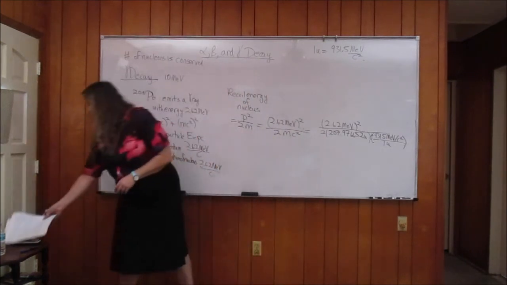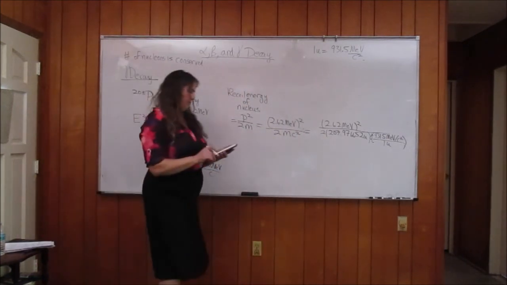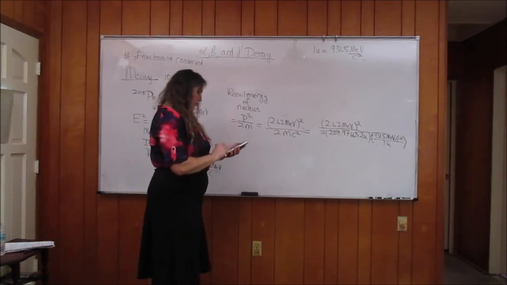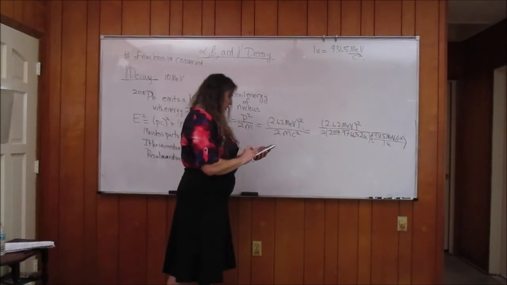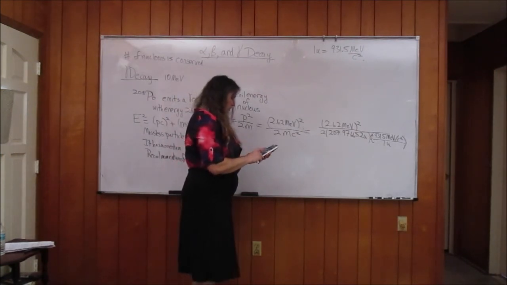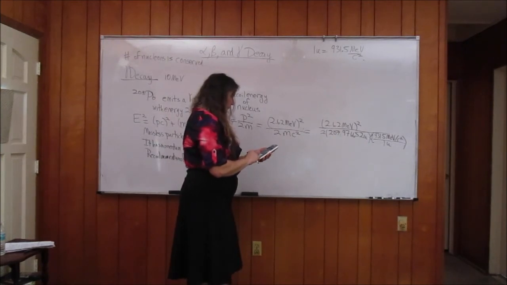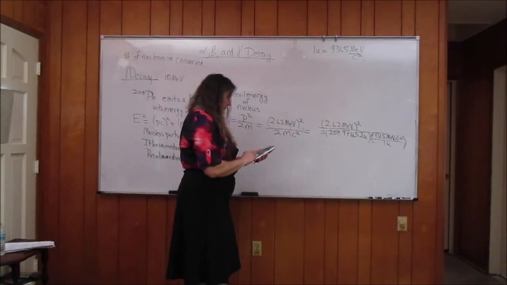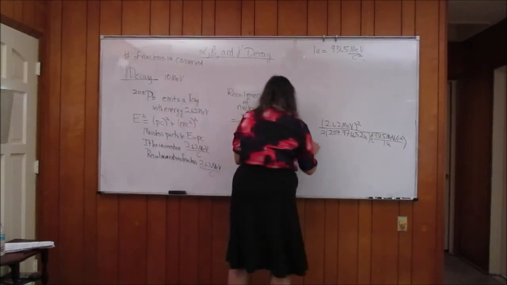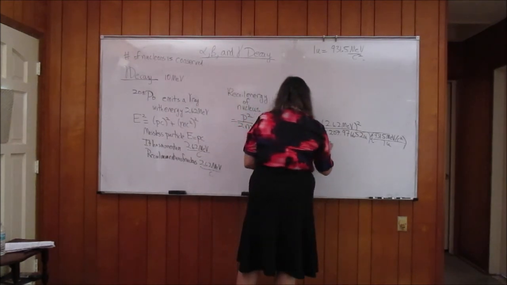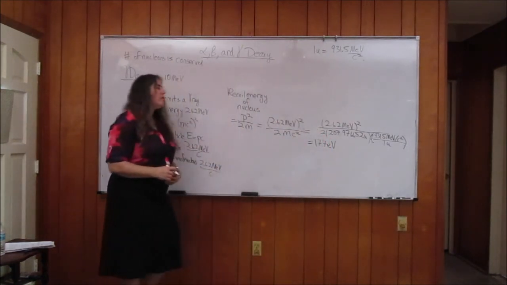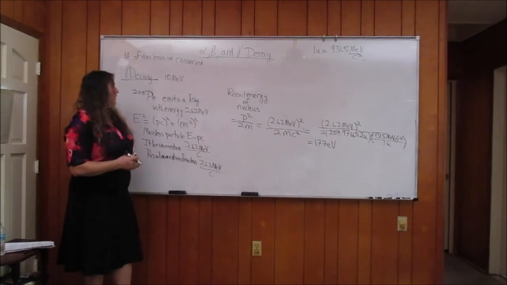So we do the math. We're left with 7.7 electron volts. So that's the recoil energy of the nucleus.